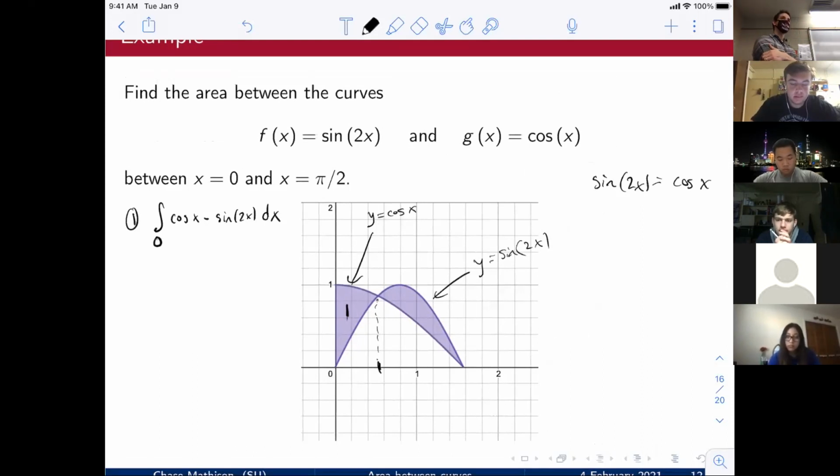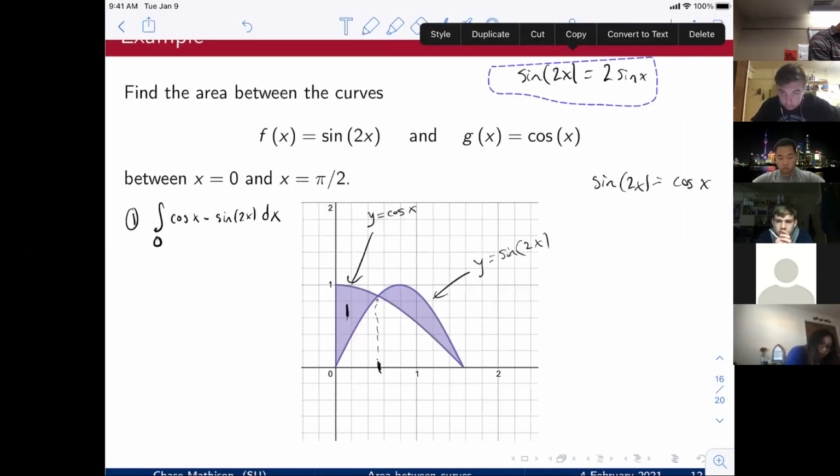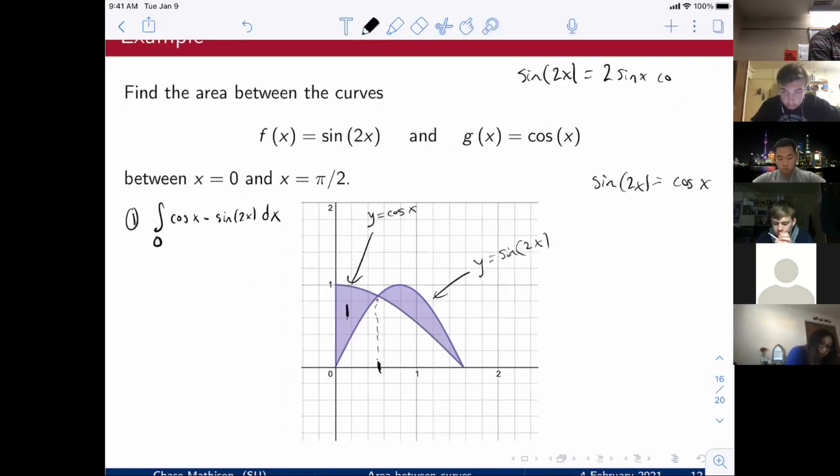But sine of 2x, well, I don't know how to handle that. So if you ever see a sine of 2x and you want to solve an equation like this, you use the identity: sine of 2x is equal to 2 times sine of x times cosine of x.